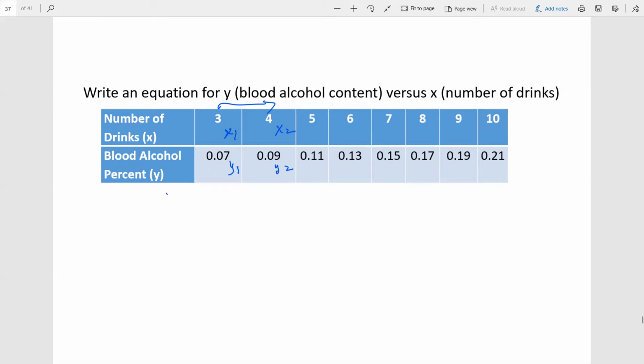So the slope is 0.02. And we're going to let x equal the number of drinks and y equal the blood alcohol content.